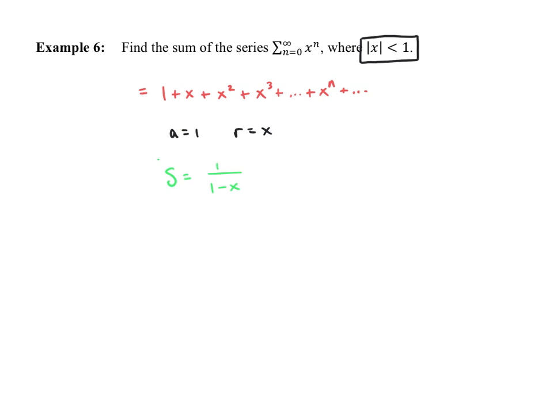And this is a huge idea when it comes to power series, because what we've essentially determined here is that the rational function 1 over 1 minus x is equal to an infinite series, an infinite sum, an infinite polynomial that is representative of this particular series.